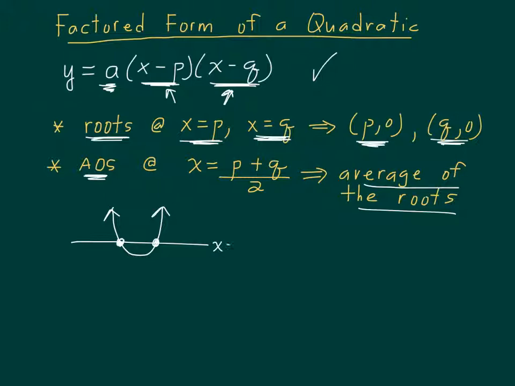This is the x-axis. Our axis of symmetry, remember, that's going to go through the vertex, that is going to be in between your roots. So it is always going to be the average of your roots. So let's take a look at an example.